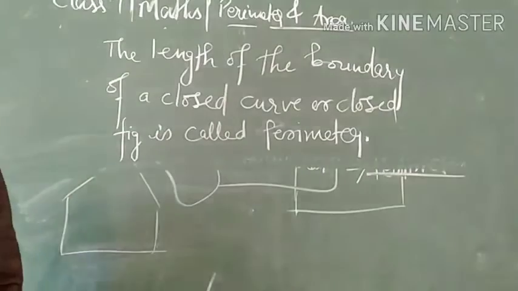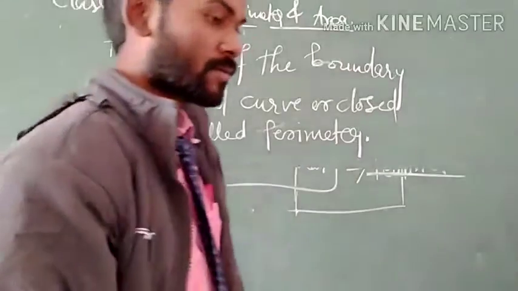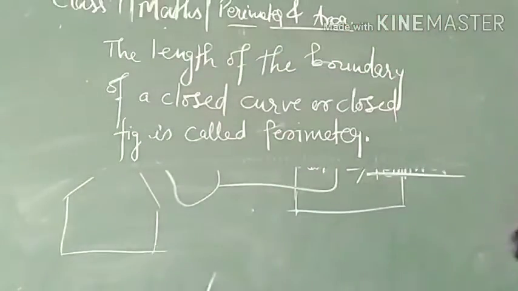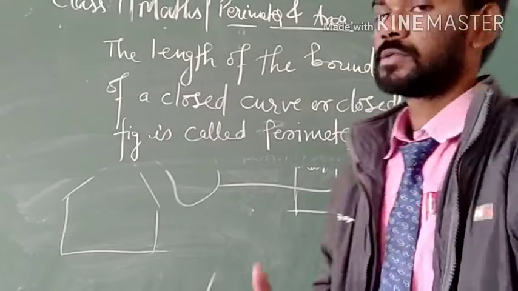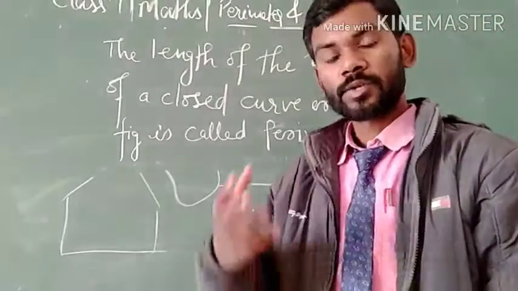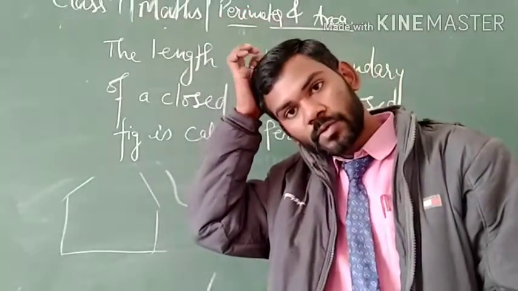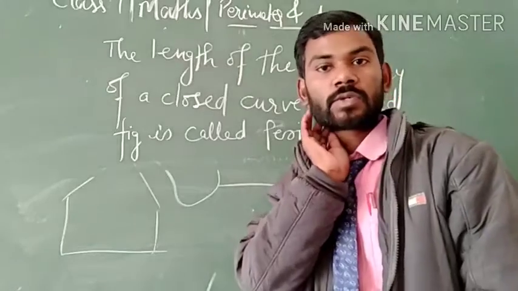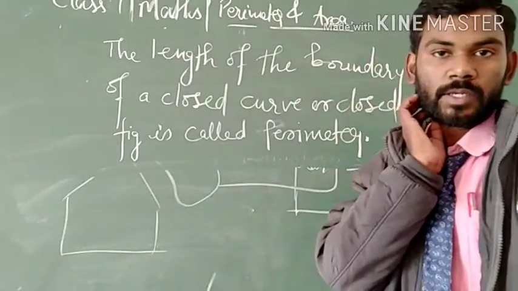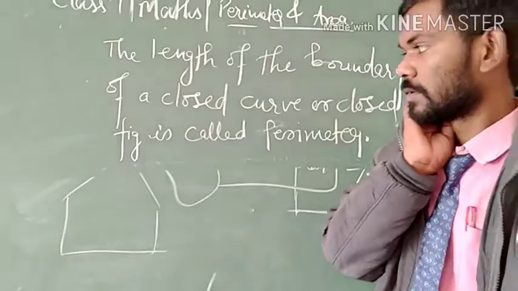Okay, students, so this is the definition of perimeter. If somebody asks what is perimeter, then your answer will be: the total length of the boundary of a closed figure is called the perimeter of the figure.